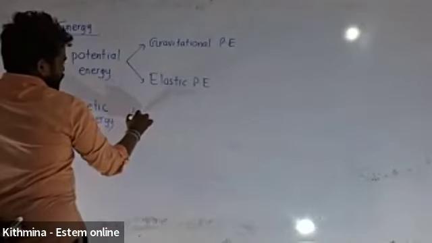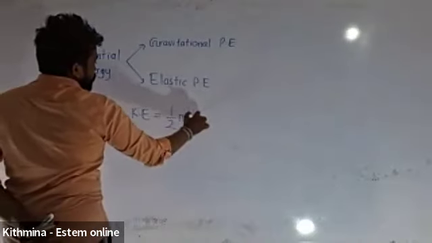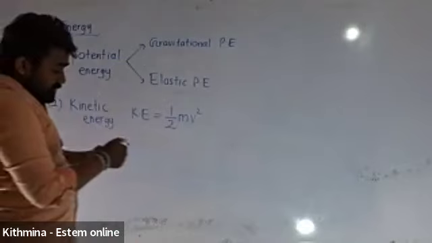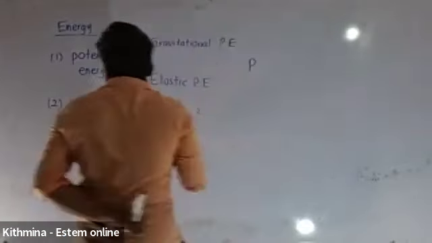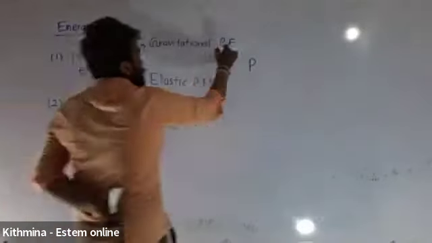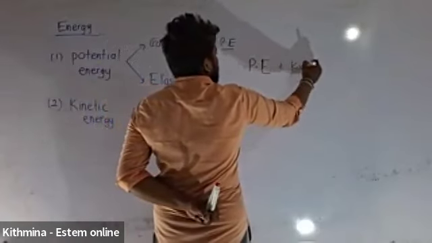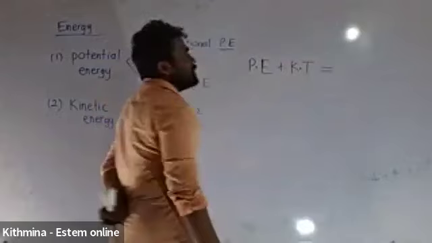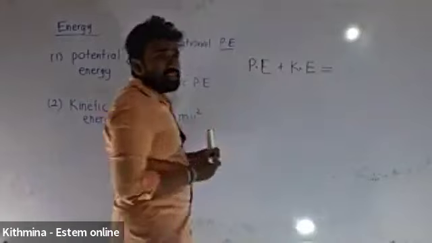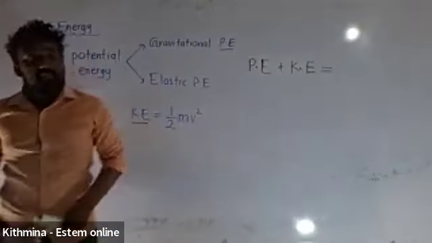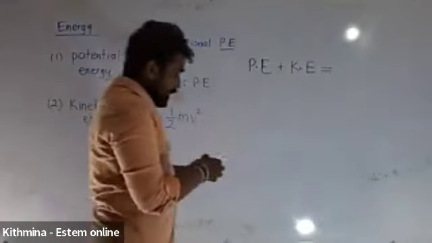We know the equation of kinetic energy is K equals half mv squared. And the special thing is, we know now PE and KE. What is the single word that we use for PE plus KE?